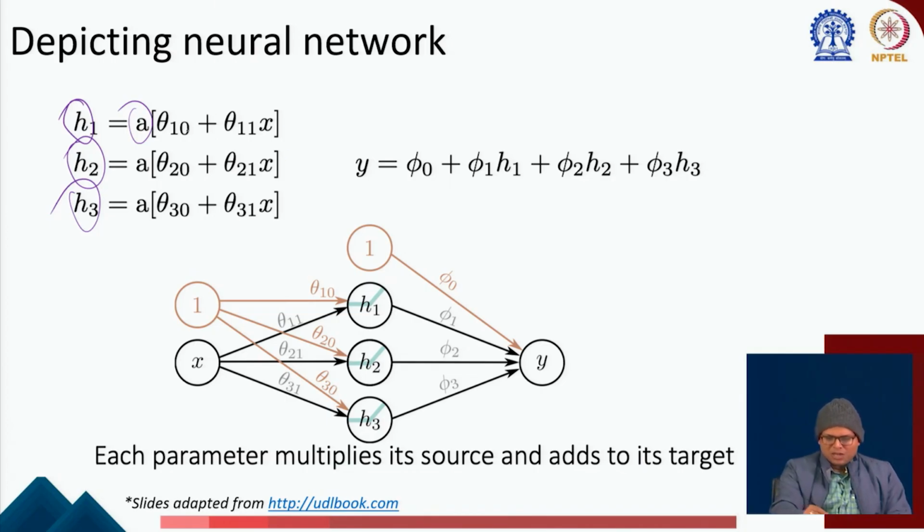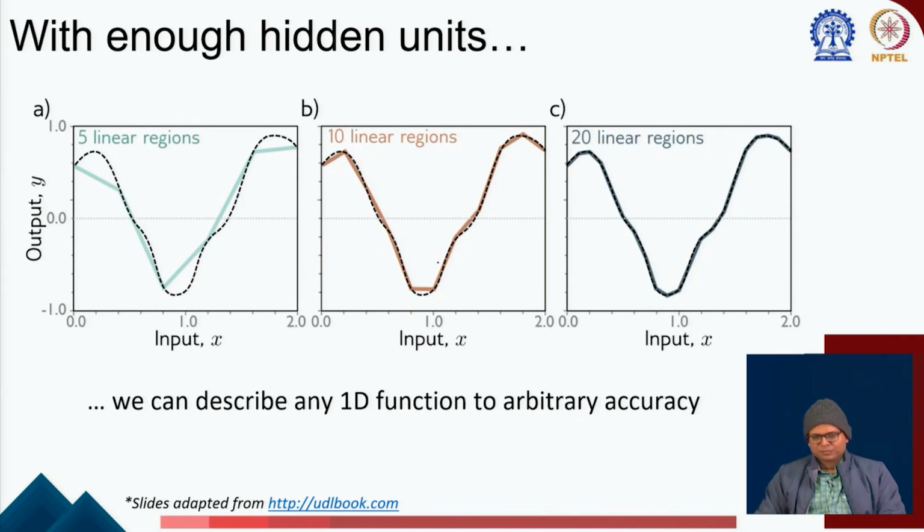So theta 1 naught plus theta 1 1 x ReLU, theta 2 naught plus theta 2 1 x ReLU, and so on. So once you have this H1, H2, H3, the final output y can be written as phi naught plus phi 1 H1 plus phi 2 H2 plus phi 3 H3. So each parameter multiplies its source and adds it to the target, is what is happening.